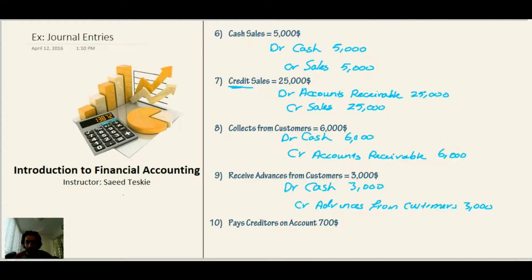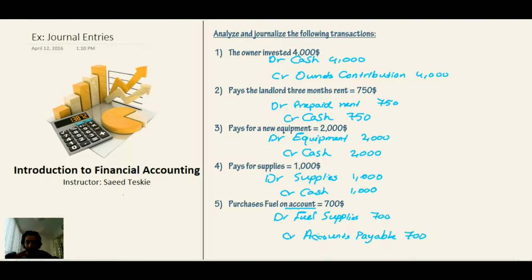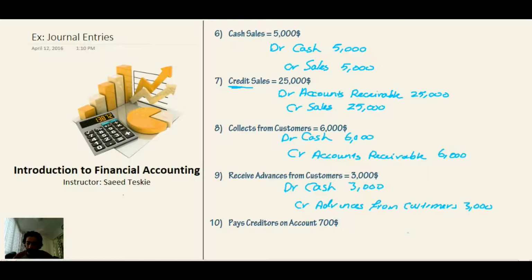Here we credited accounts payable, so now we have to debit accounts payable for the amount 700, and because the money went out of our cash account, we will credit cash for 700.